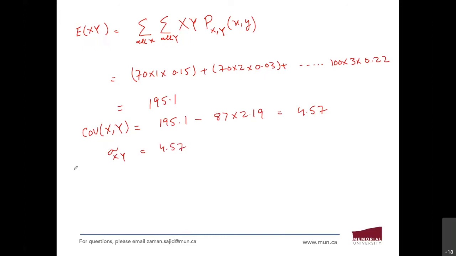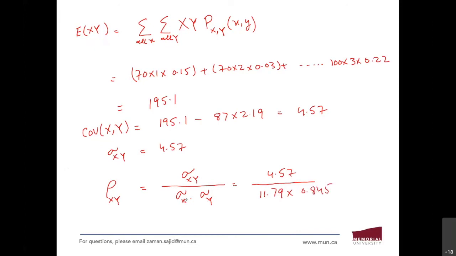And for the correlation coefficient, rho of x y, we have sigma of x y divided by sigma of x times sigma of y. So rho of x y is 4.57 divided by 11.79 times 0.845.